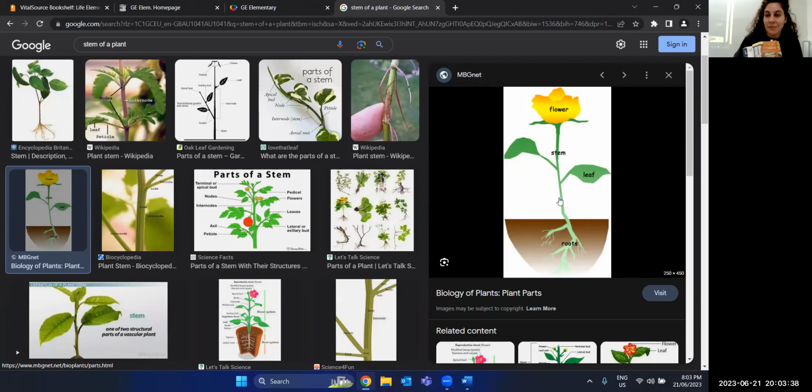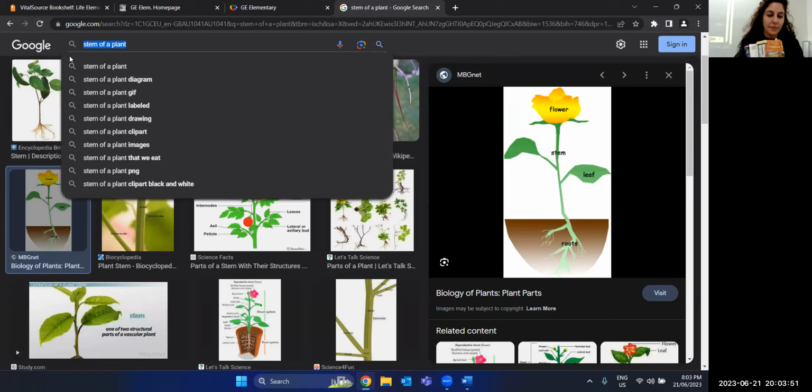So the stem. For a tree, it would be trunk.